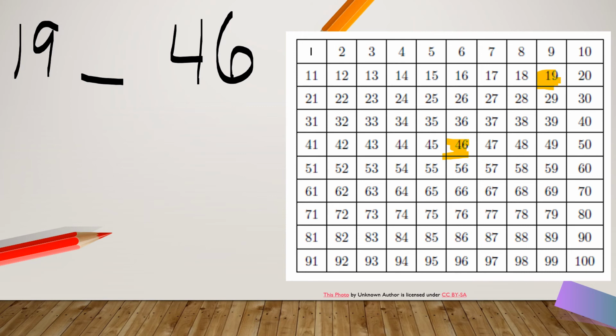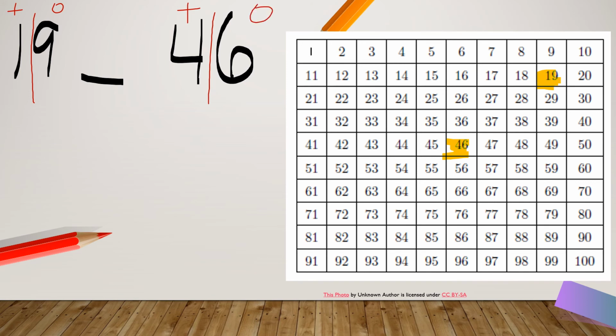Now I'm going to be comparing both numbers, 19 and 46. I could do as before, separate the numbers and find my tens and ones. So let's separate the number and let's write a T for tens and an O for ones. The same to 46, a T for tens and an O for ones.